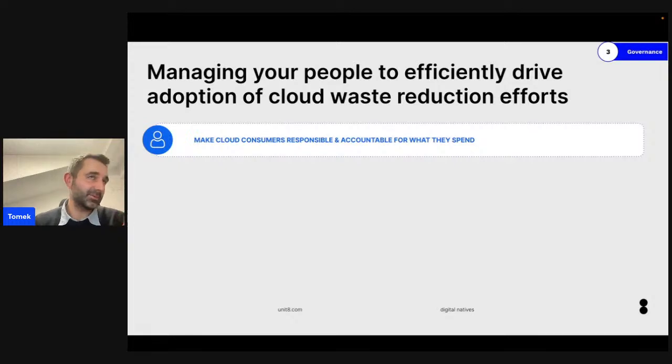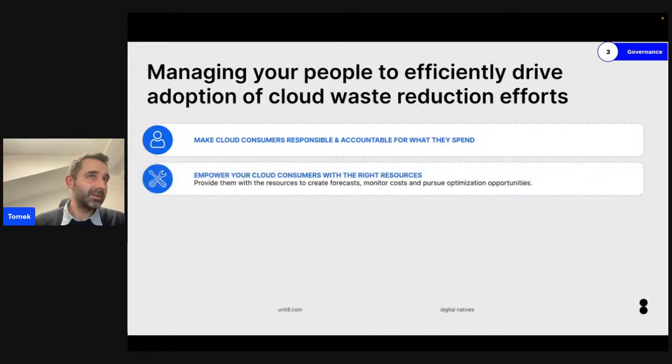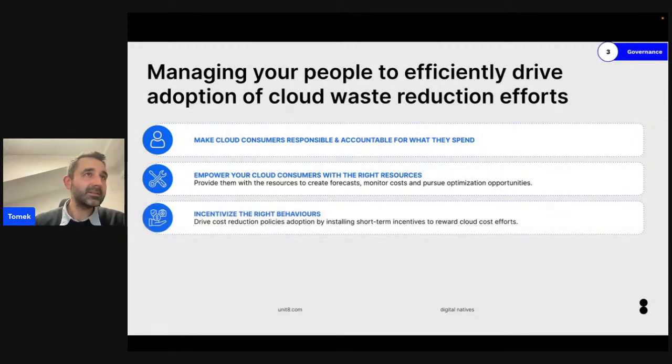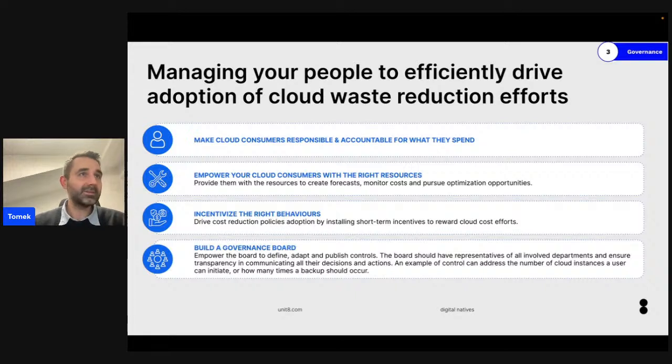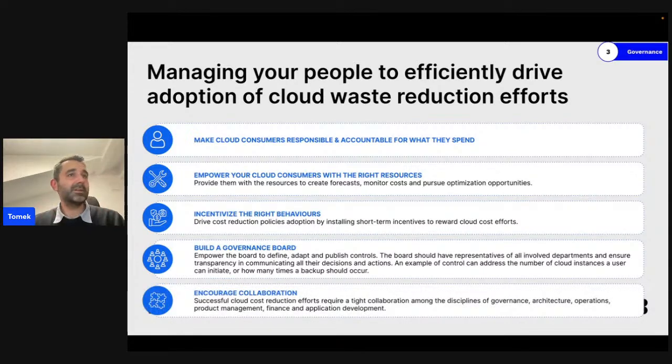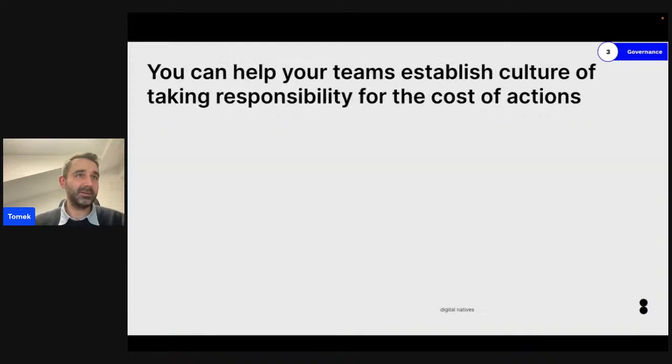And this is all about making your consumers responsible, but giving them the right tools that they can use to measure and monitor their costs, incentivizing the right behaviors with policies and various incentives to drive the costs down, having a governance board, and overall encouraging collaboration and, for example, exchange of best practices about how to best design your SAP data pipeline with resource consumption in mind, and, for example, how to do incremental load of certain things from SAP as one example.